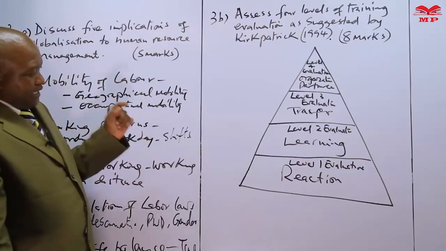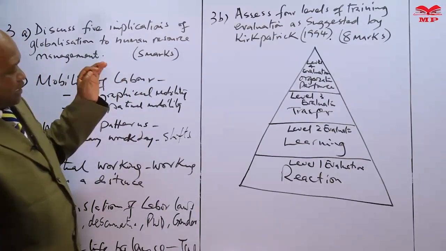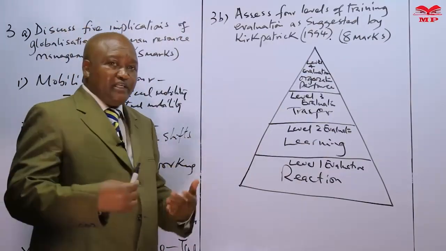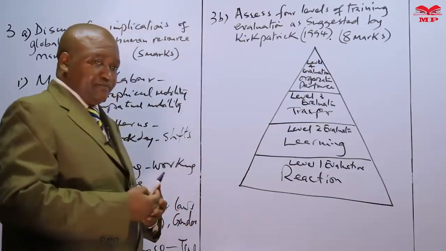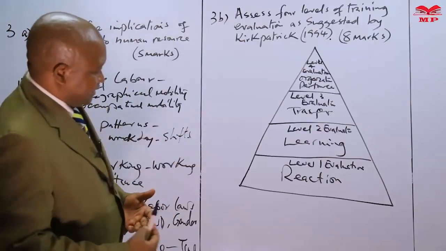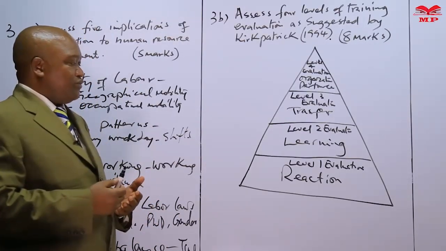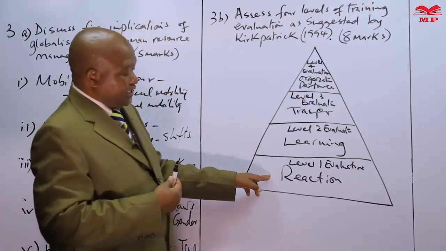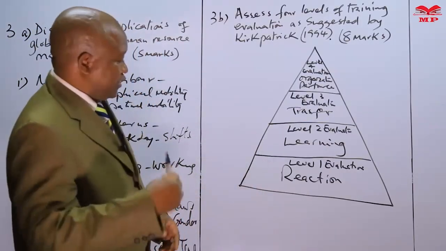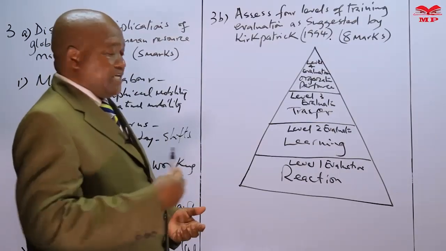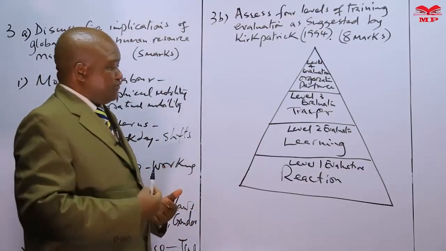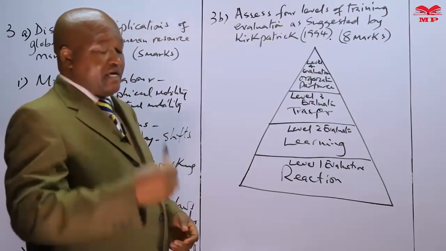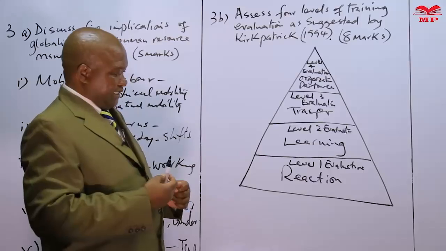These 4 levels, according to Kirkpatrick, are arranged in such a way that when employees proceed for training, after the training has taken place, deliberate measures should be put in place so that whoever was interested in this particular training, like the supervisor or the organization, should be able to gauge to what level the training is relevant to the employee, to the working environment, and to what level it has achieved its objectives.